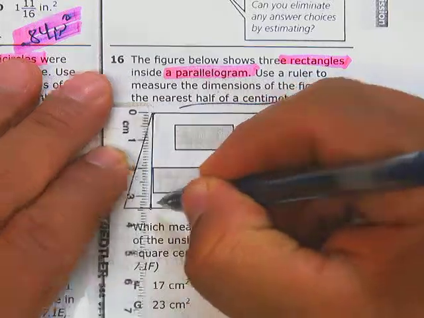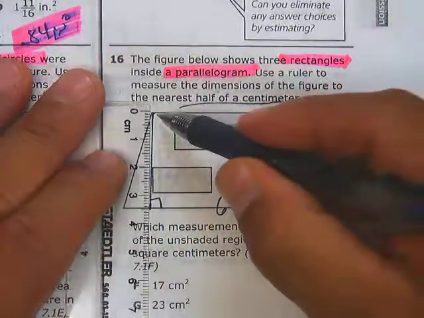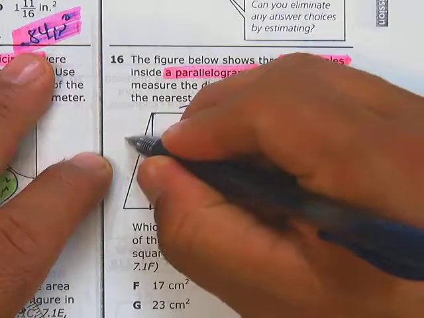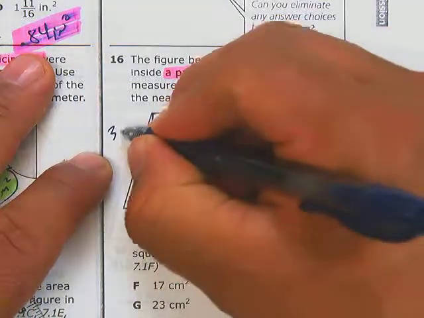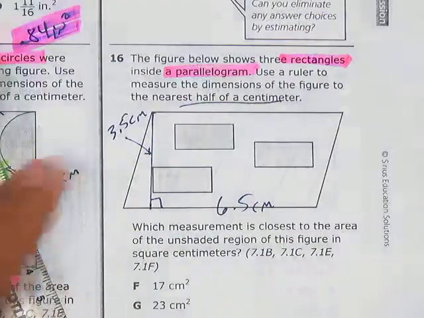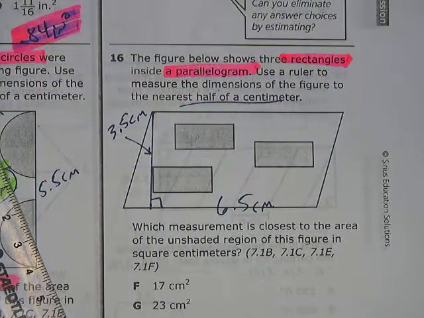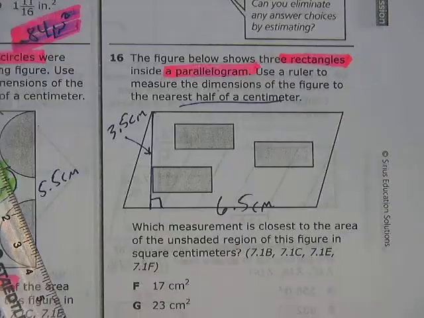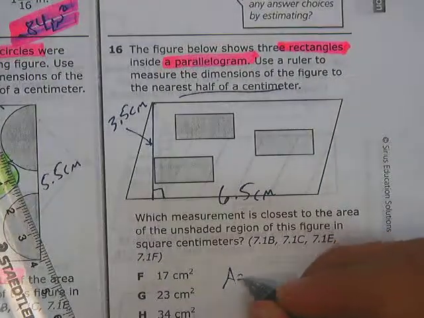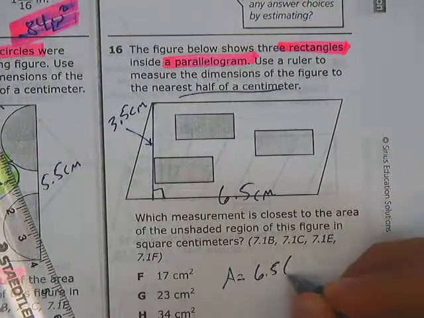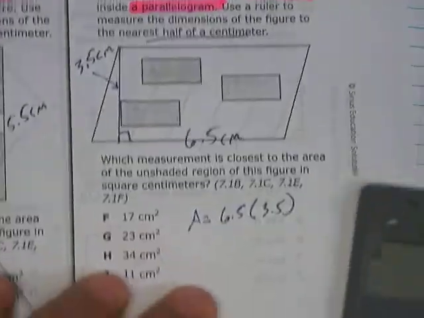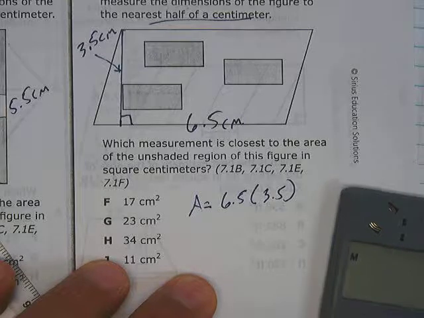The height has to be perpendicular to the base. You see? Right angle. So I'm going to measure the one that comes down this way. That's my height, and that measures about 3.5 centimeters.